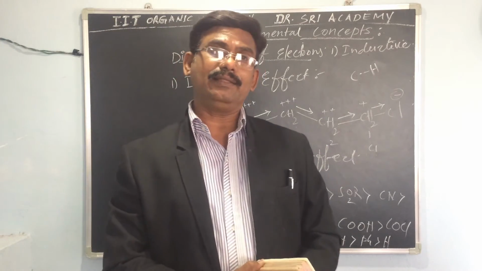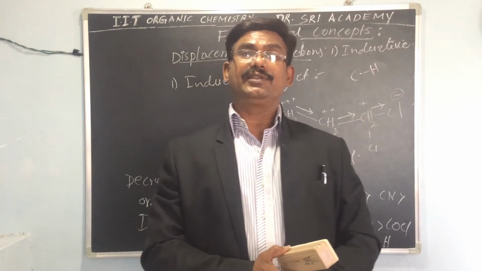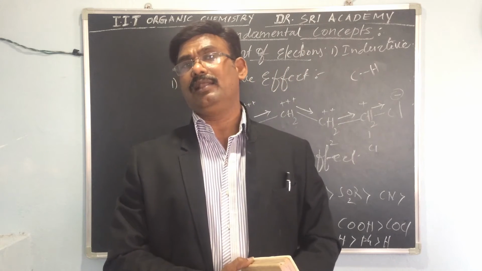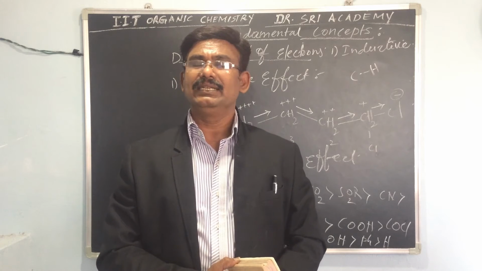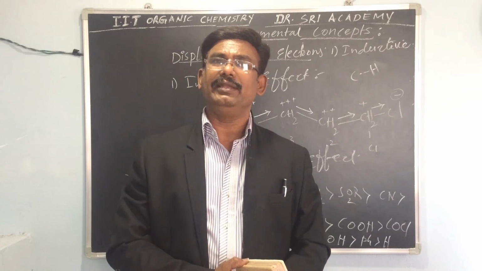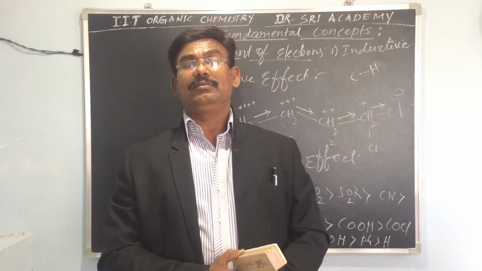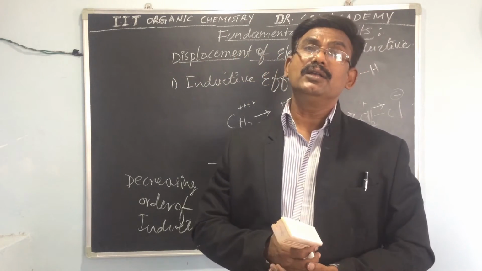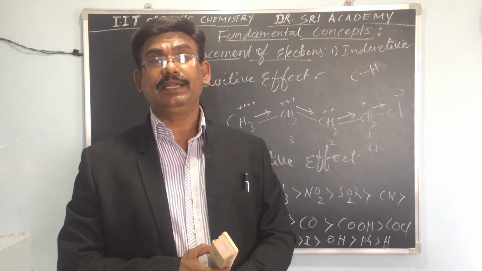Trialkylamine is greater than the amine, is greater than the nitrogen dioxide, and is greater than the alkyl sulfur dioxide, and nitrile, sulfonic acid, aldehyde, ketones, acid, and carbonyl compounds, acid amine, fluorine, chlorine, bromine, iodine, and alcohol, then amine, then phenyl, finally hydrogen. These are the minus I effects in decreasing order.